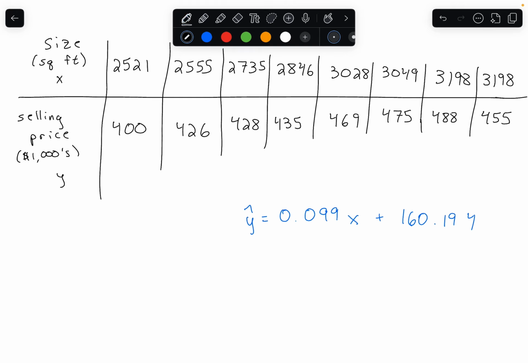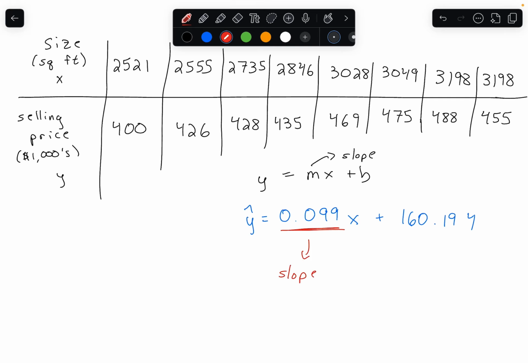So if you think back to your equation of a line that you probably learned way back in algebra, you remember the equation y equals mx plus b, where m is going to be our slope. So the slope is always the number that sits in front of x. It's what we're multiplying x by. It's called the coefficient. So the slope in this problem is the 0.099x. So here is our slope.